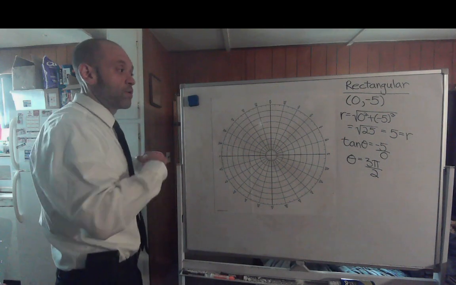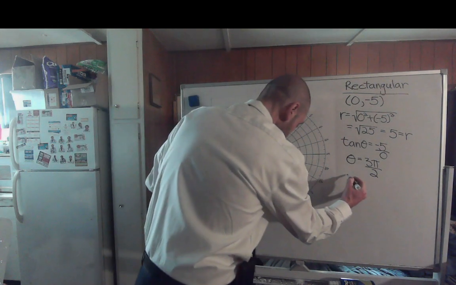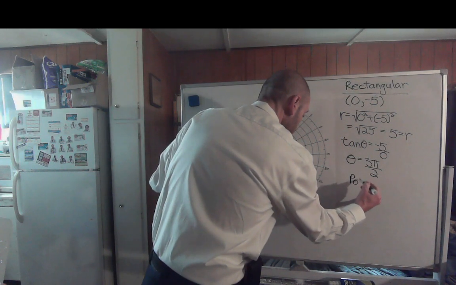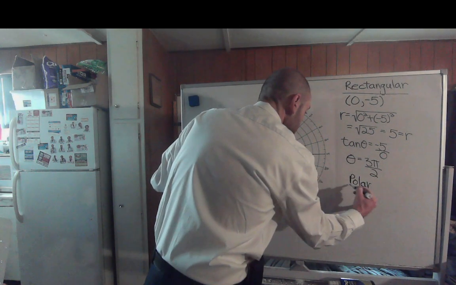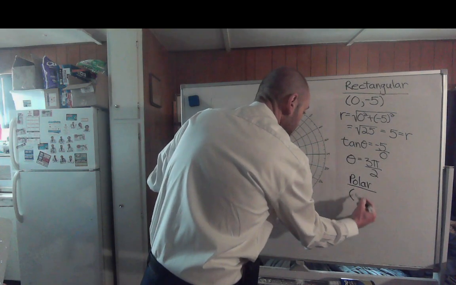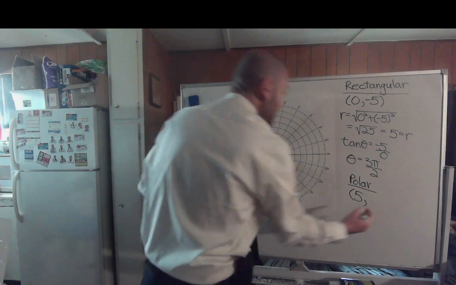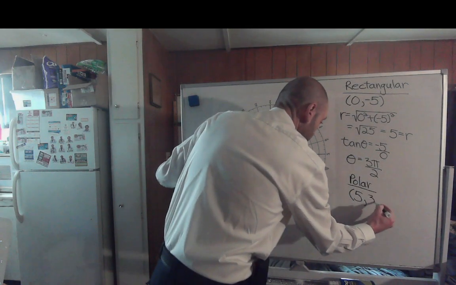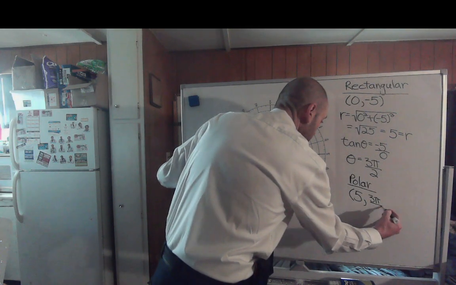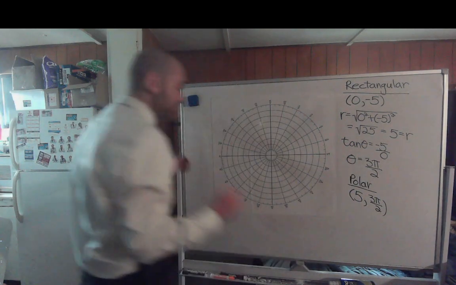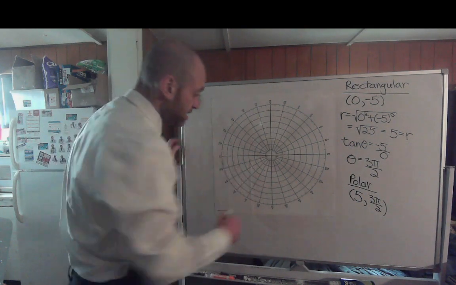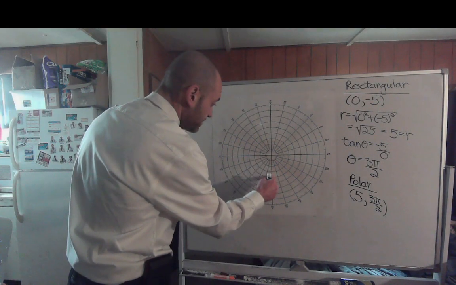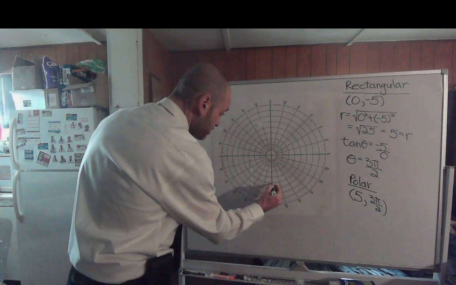Now that we have our r and our theta, the polar equivalent is going to be that r of 5. So we have 5, and the theta is going to be 3 pi over 2. So let's plot that point. So 1, 2, 3, 4, 5. So we'll be right here.